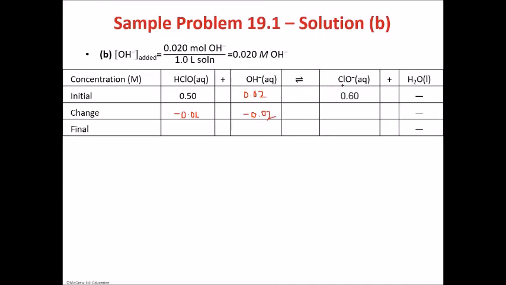Then of course it produces plus 0.02. You see the ratio here is 1 to 1 to 1, so that means plus 0.02. So at the final you have 0.48 remaining of acid. Slight decrease, you can see. For hydroxide ion, 0, no more. For ClO minus, increased to 0.62.